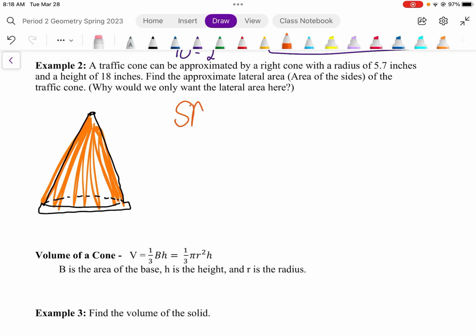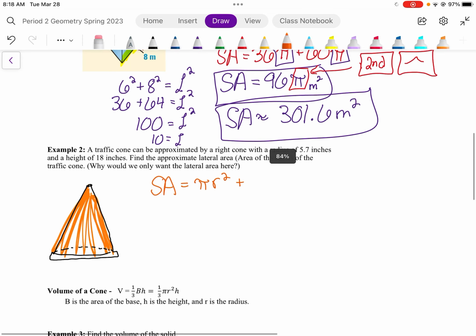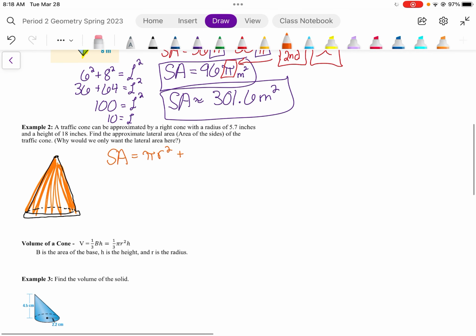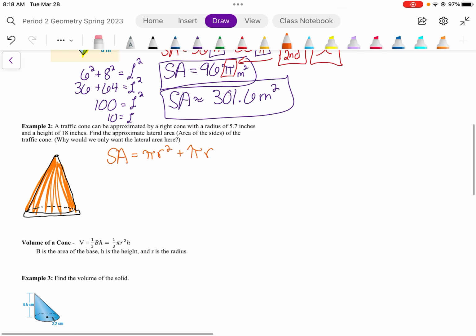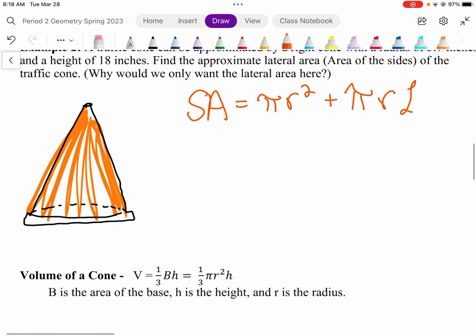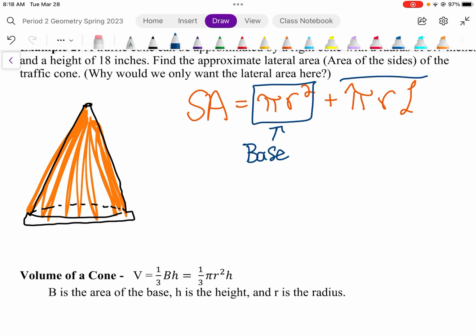So in your surface area formula, we have pi r squared plus, what was the second part? Pi rl. So if you have this, the first part, that is the area of the base, which means that this would be the lateral area or the sides of it.